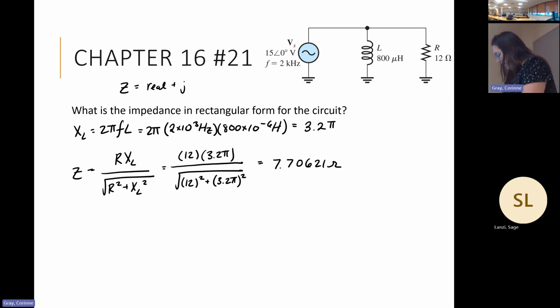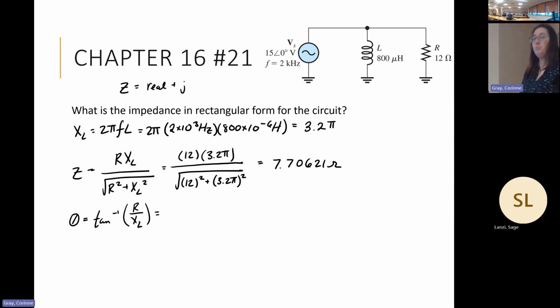For finding the angle portion, it's the inverse tangent of the resistance over XL. Something that I know I personally am very guilty of is sometimes when I write XL, it looks like XC. I'm not super concerned about it when we're doing a very clearly RC or RL circuit.